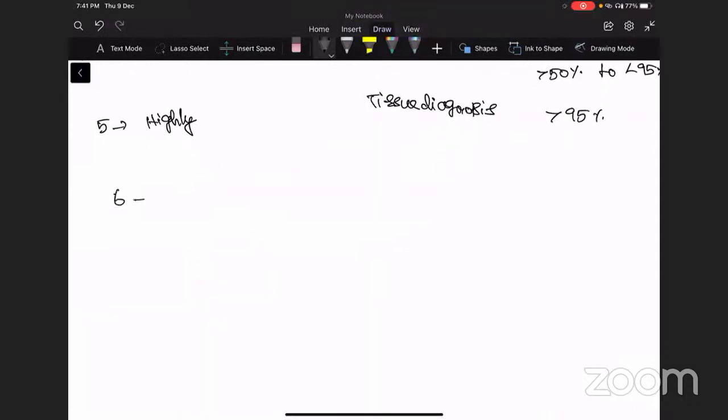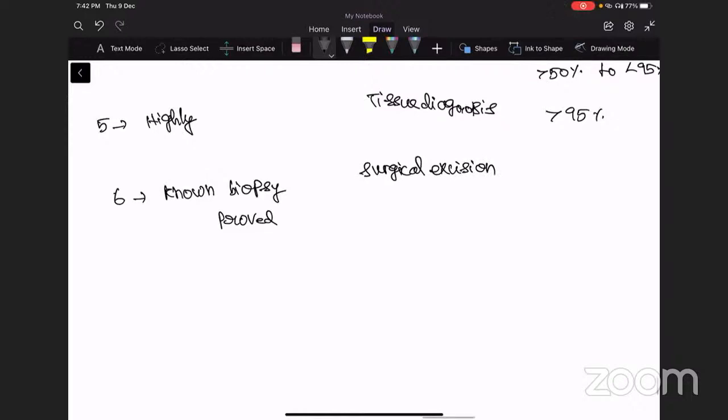And category 6 is known biopsy proven. We took a tissue diagnosis and the biopsy shows malignant cells, microcalcifications. There's going to be a malignant lesion, and the management is going to be surgical excision. And it is already proven.